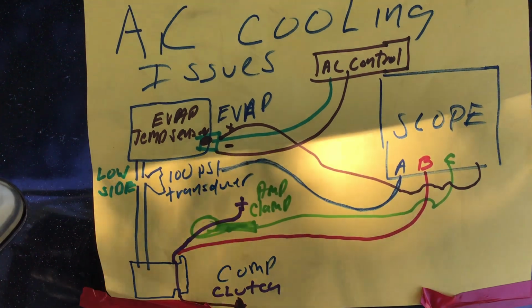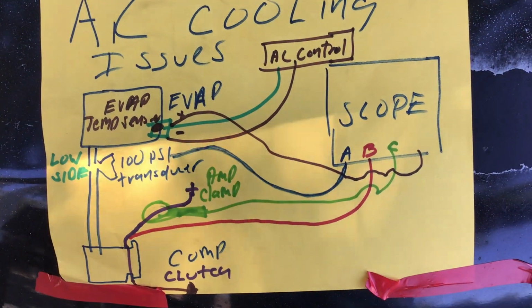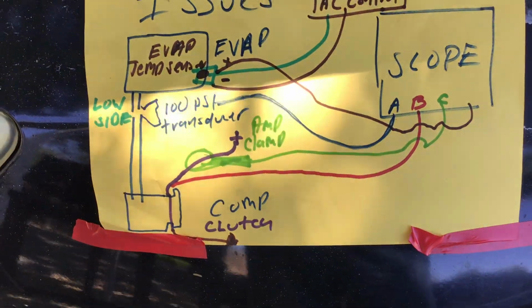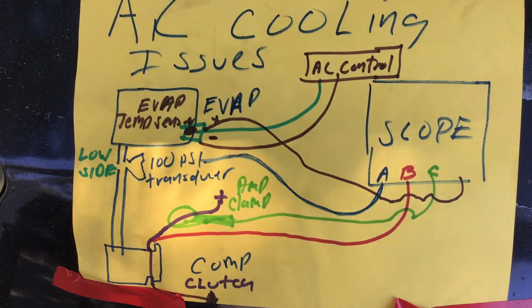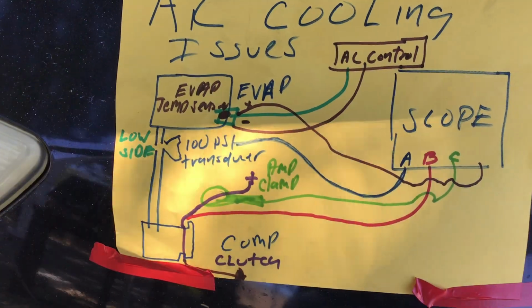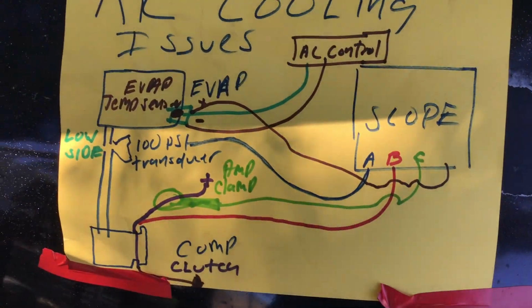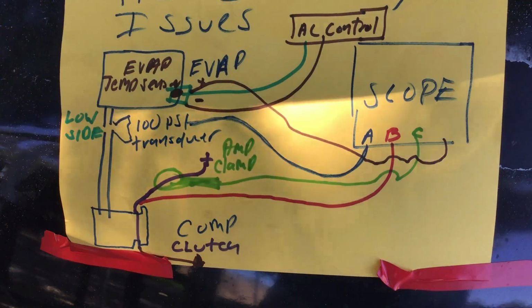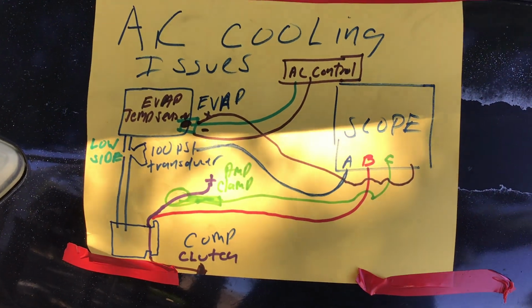I've shot that in other network videos a few months ago, but nonetheless, the PCM has the ultimate control of the clutch, but it does so dependent on its input information, and the AC evap temperature is pretty important. So we're going to look at that on the scope, and you're going to see the voltage change slightly as the compressor comes on and off, where the temperature of the evaporator would be changing. So just be mindful of things.